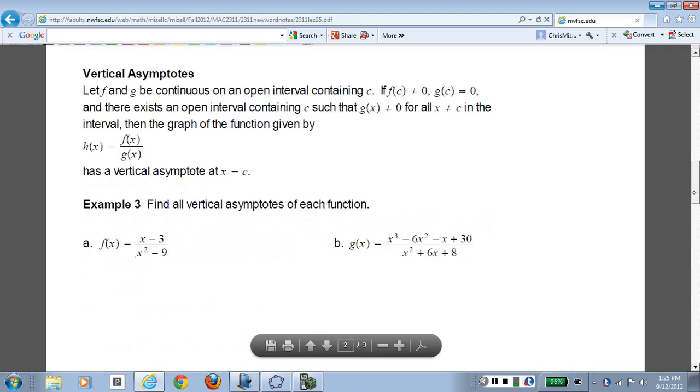We've been talking about vertical asymptotes. Basically, official definition, probably about as technical as we need to be.